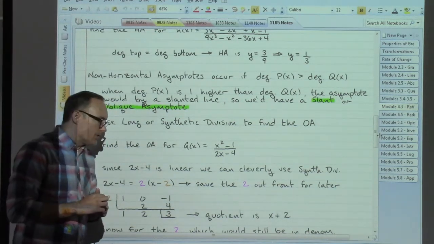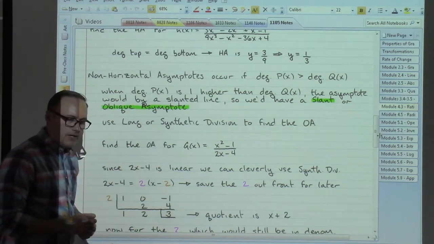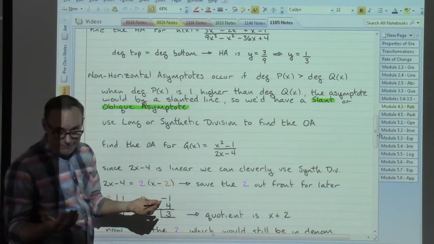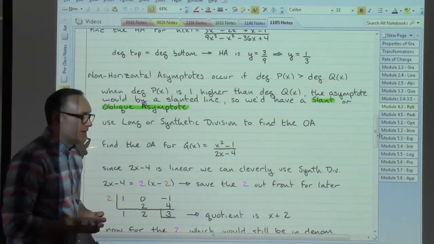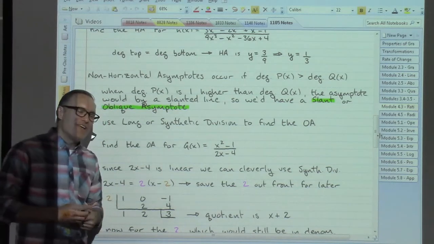I'm going to show you a little cleverness about synthetic division, like what's happening here in this example, just so that you have a little bit of extra algebra power in your toolbox if you want that.